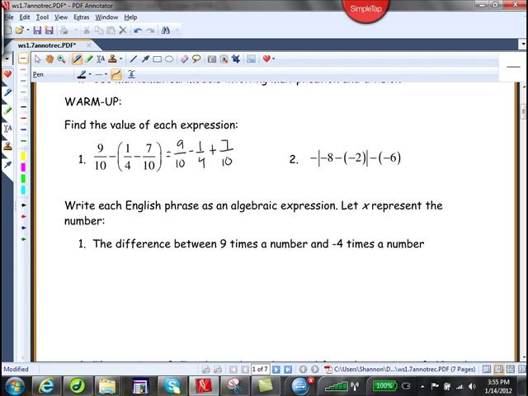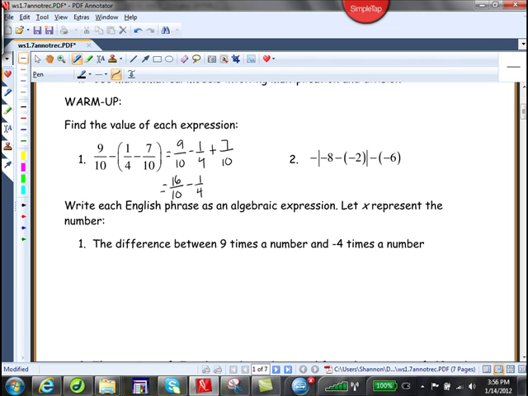The reason I did it this way is because I saw that I would have this 9/10 and this 7/10 that I could go ahead and combine. So here, do you see that we will have 16/10, right, minus 1/4.